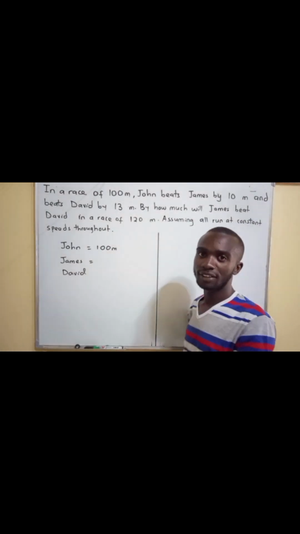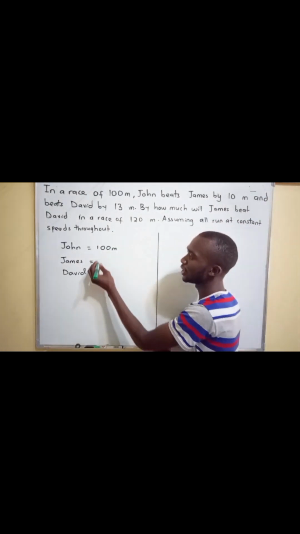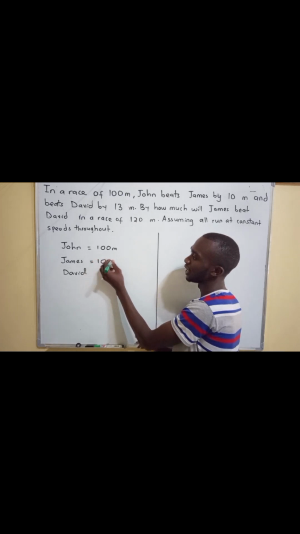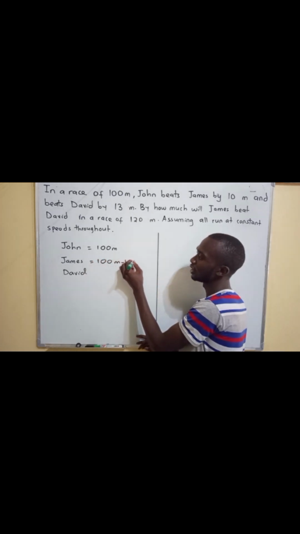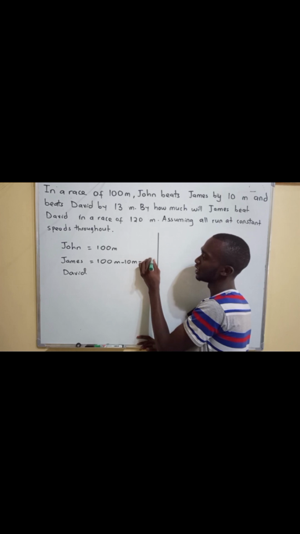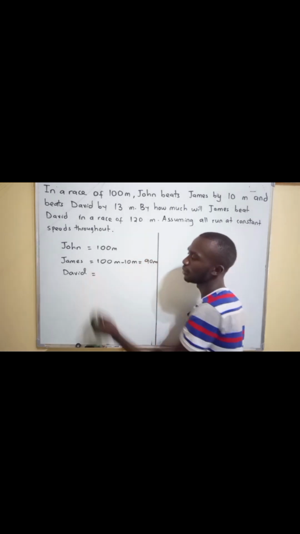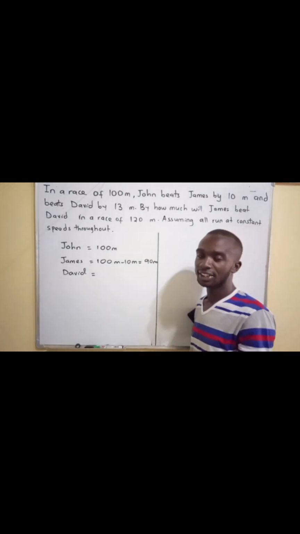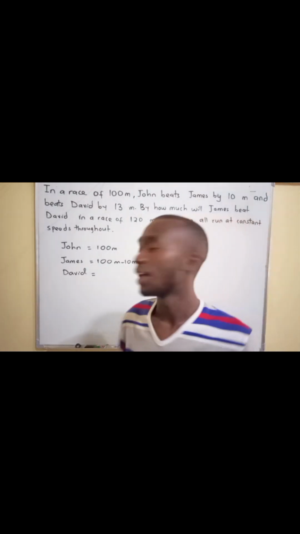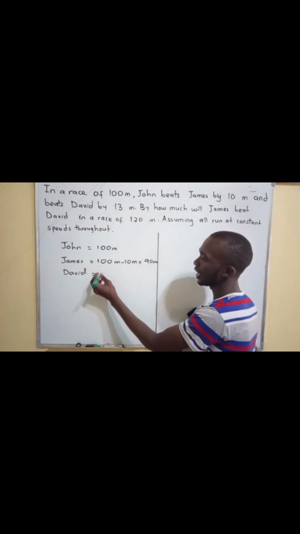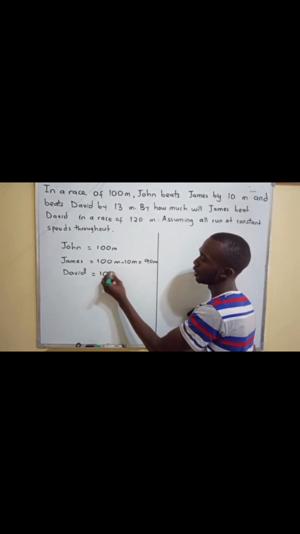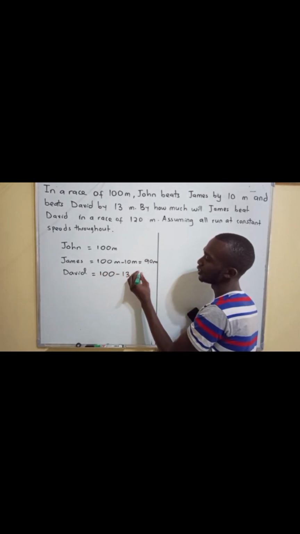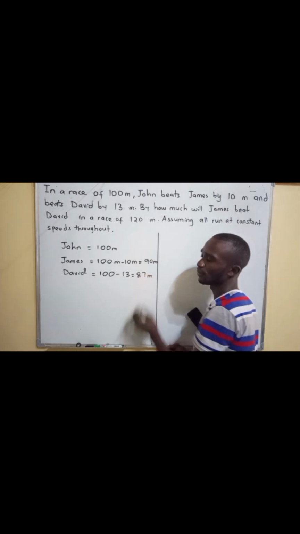So James covers a distance of 100 meters minus 10 meters. This gives you 90 meters. At the same time, David covers a distance of 13 meters less than the distance covered by John. So in this case, David is 100 minus 13. This gives you 87 meters.